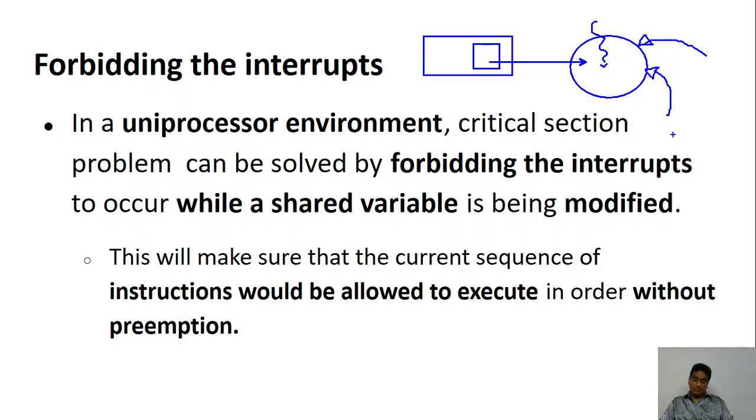If you don't allow others to disturb the CPU, naturally only one process will be executed, even though there are many processes waiting in the queue. Because they cannot disturb the CPU, only one process will execute, and what you achieve at the end is mutual exclusion. When one is performing, all the others are waiting. It's as simple as that.